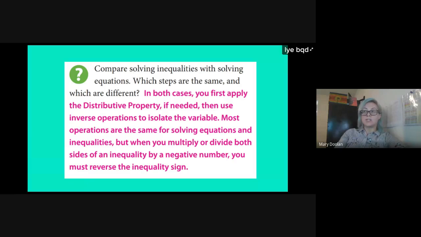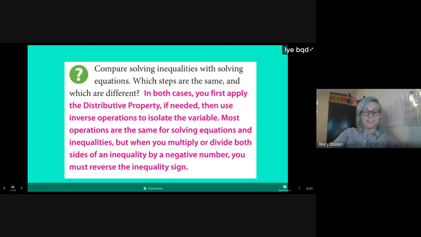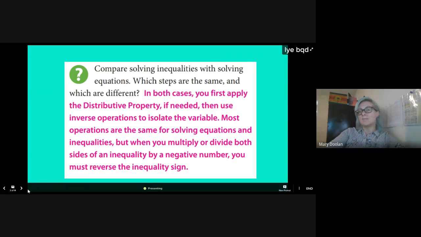Most operations are the same for solving equations and inequalities. But this is really important: when you multiply or divide both sides of an inequality by a negative number, you must reverse the inequality sign. That's the big difference, but otherwise, it's exactly the same.